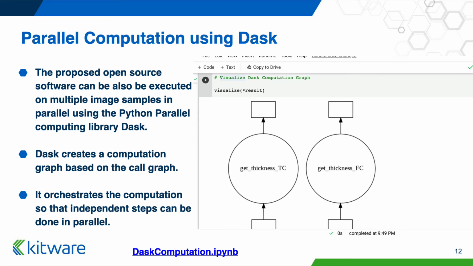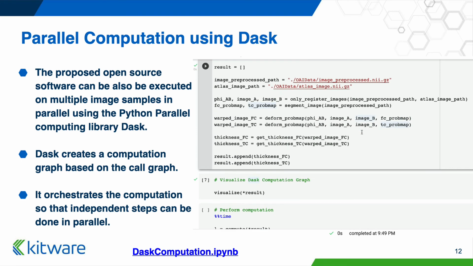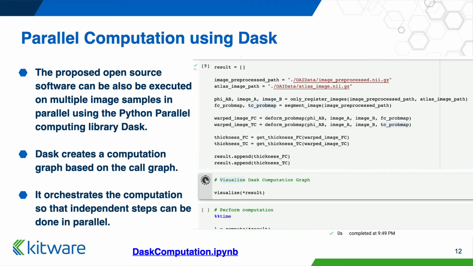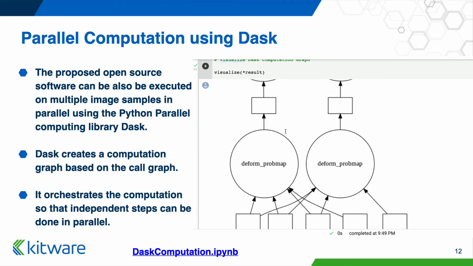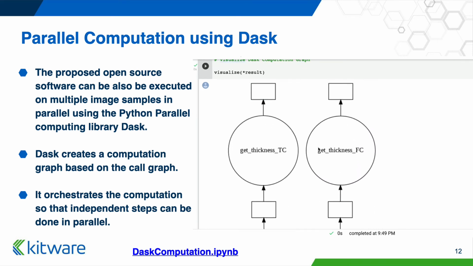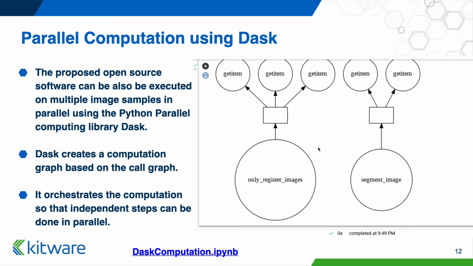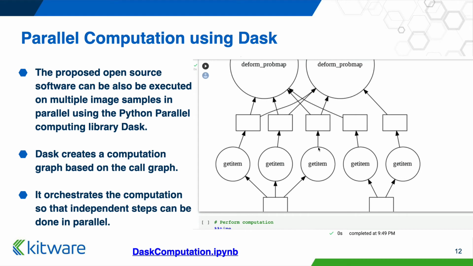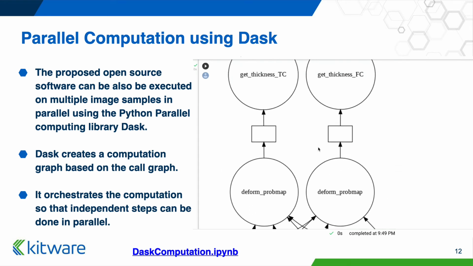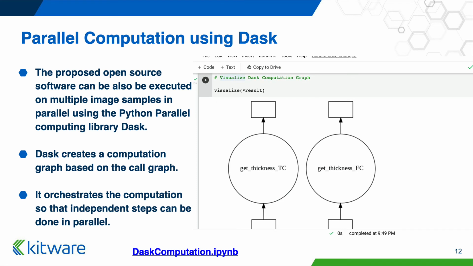As shown here, the call graph of the computation is translated into this Dask computation graph. Steps which can be performed in parallel are shown adjacent. For example, registering the images and segmenting the images can be done in parallel. Similarly, thickness computation for the tibial cartilage and the femoral cartilage can be done in parallel.